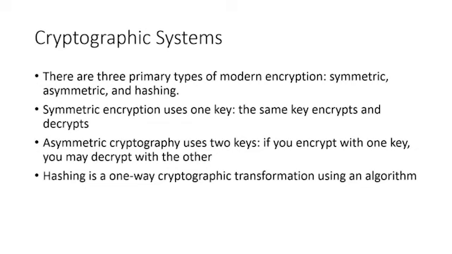There's a couple in there we're going to talk about, but we use hashing for integrity. So we can see the digital fingerprint, if you will, of that file or that folder or that whole hard drive for that matter. So those are those cryptographic systems that we need to file away, and we do use these all the time.